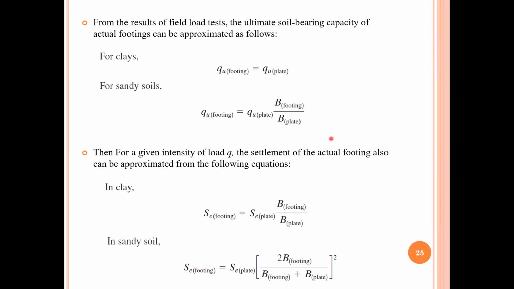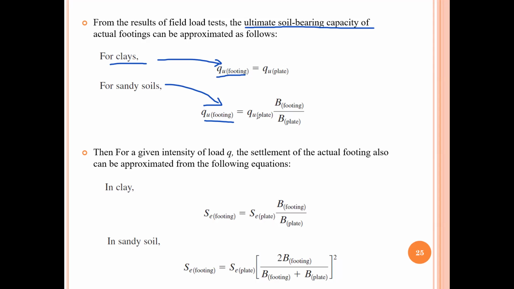When using these two equations, the first one gives the ultimate bearing capacity, Q ultimate. The difference is that for clays there's a separate equation, and for sandy soils there's a separate equation.